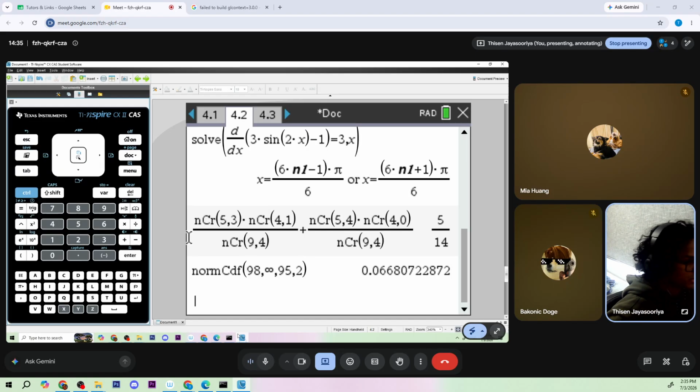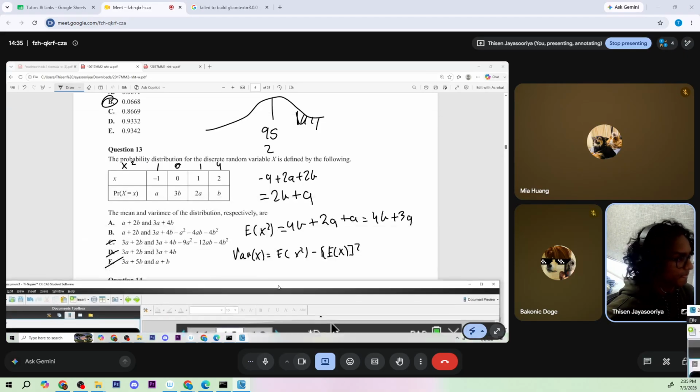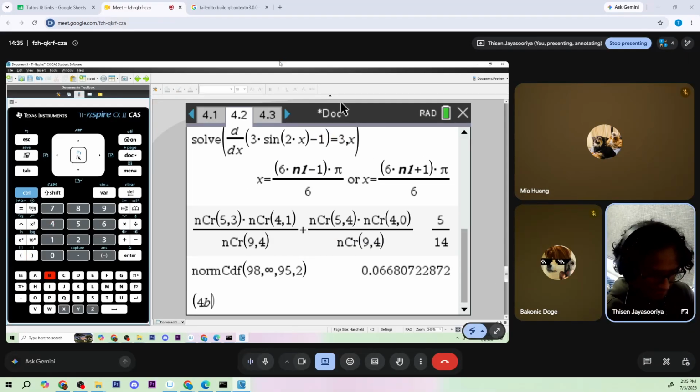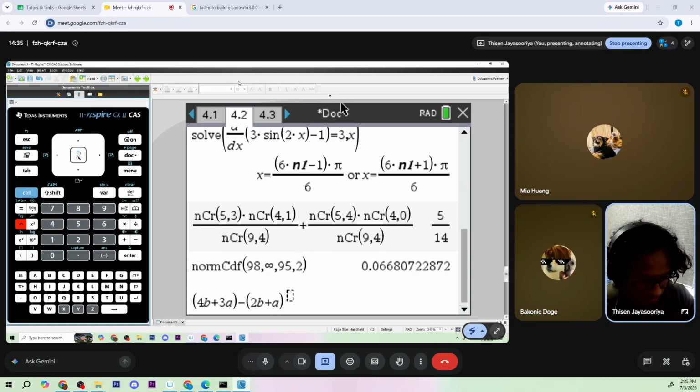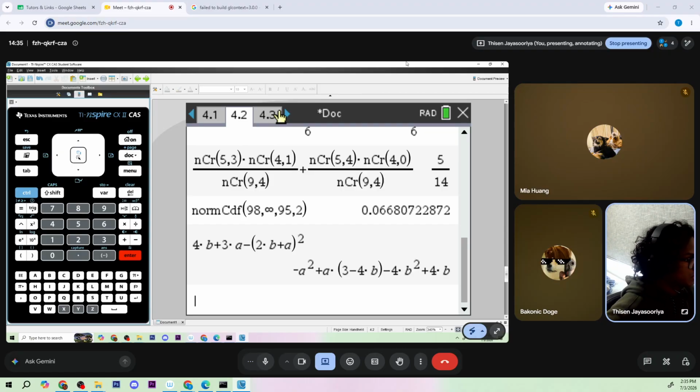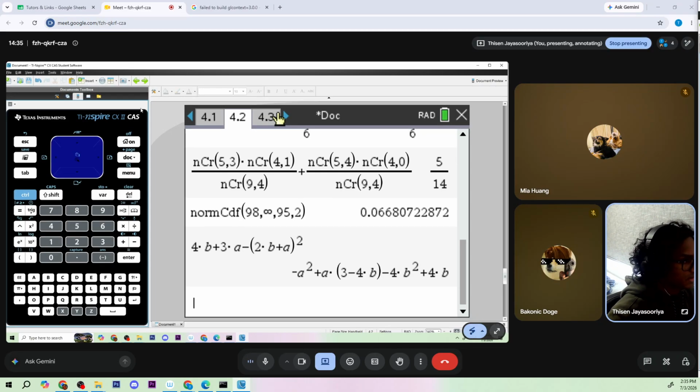So then what I do is I'm going to go to my calculator, and I'm going to go here, this is going to be 4b plus 3a, take away 2b plus a all squared. So here it looks something like this.